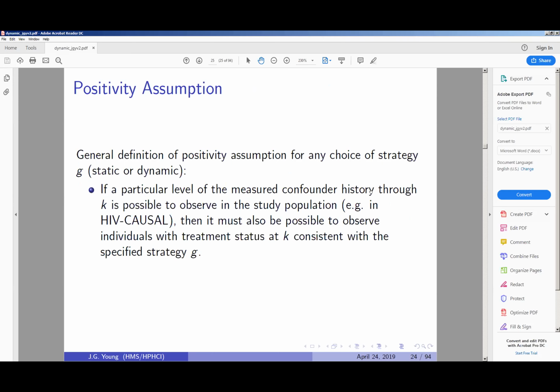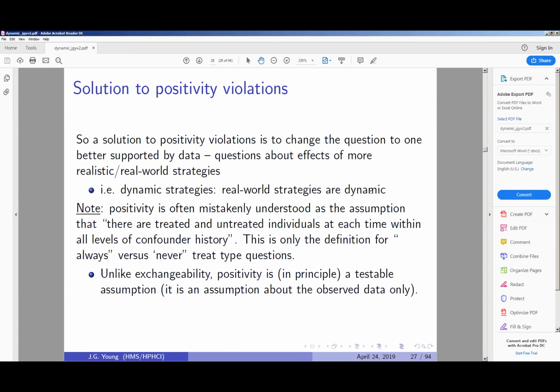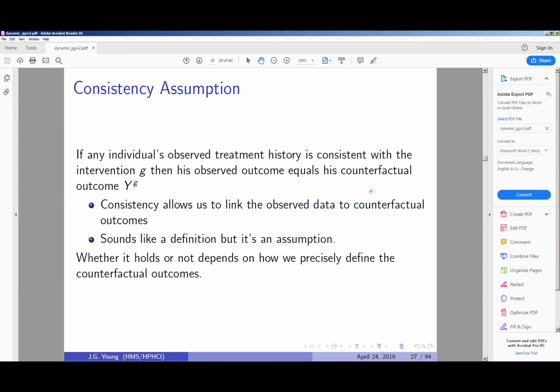I didn't get into random dynamic strategies. I talked about one example, but the big problem with deterministic strategies is that fundamentally the numerator of the weight is 1. So you can do these stabilization procedures to put something between 0 and 1 in the numerator that hopefully brings the numerator closer to the denominator.